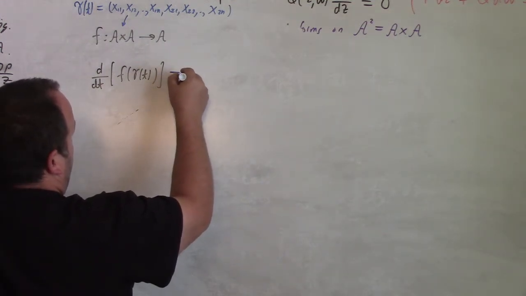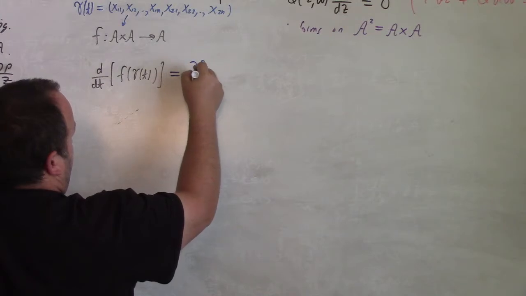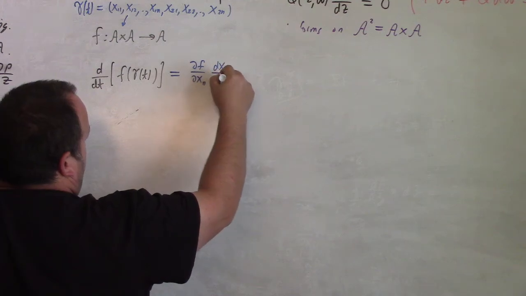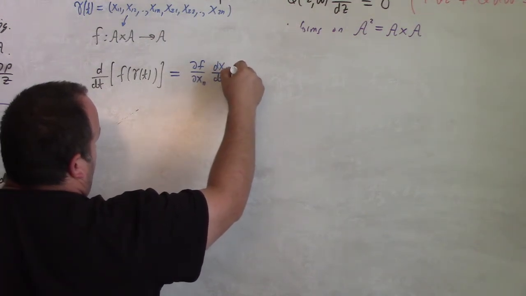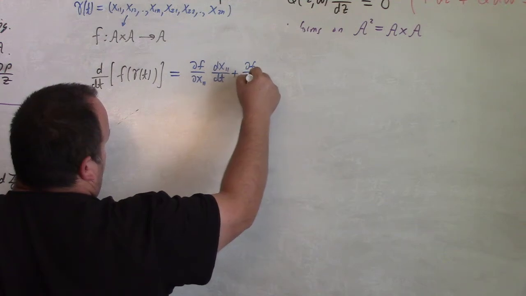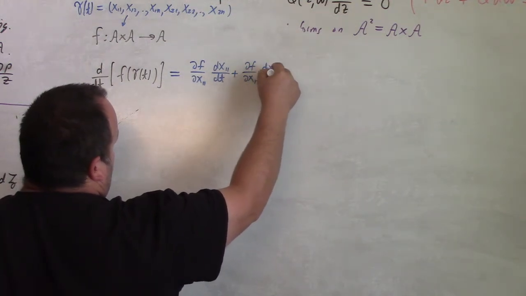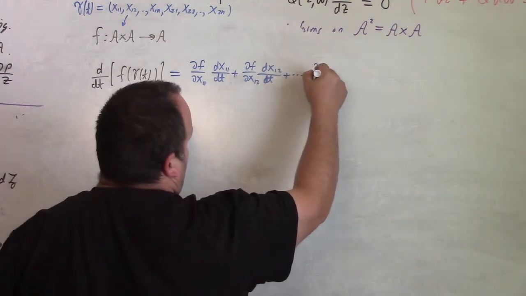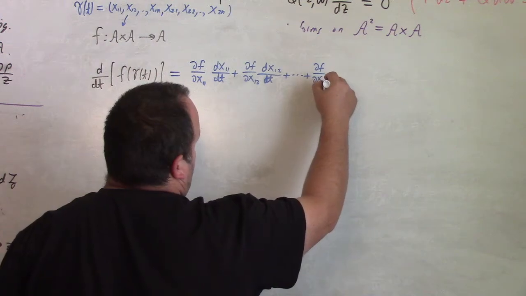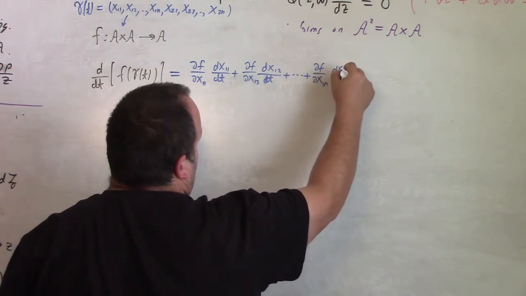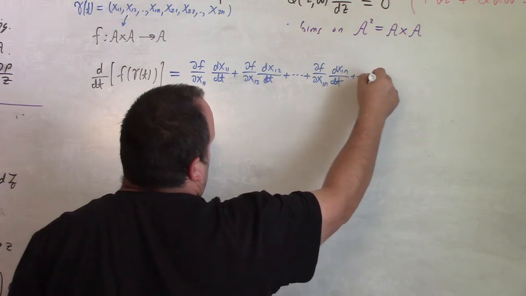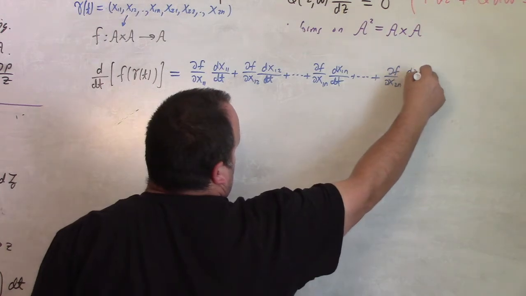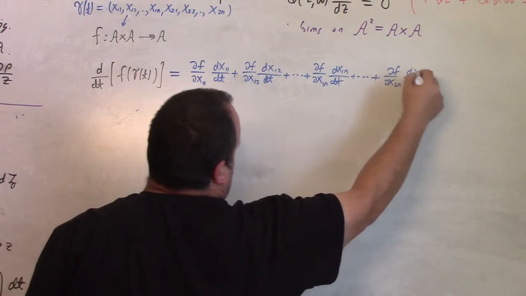So the chain rule: it is partial f, partial x11, dx11 dt, and so on. This is just like the chain rule of calculus 3. Now, let me write this in a slightly different notation.